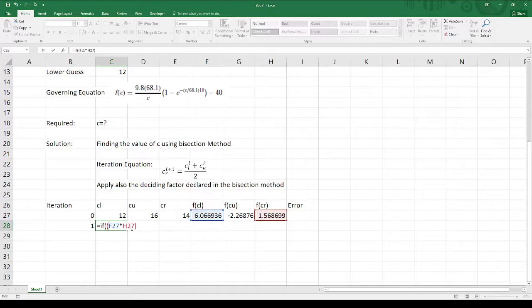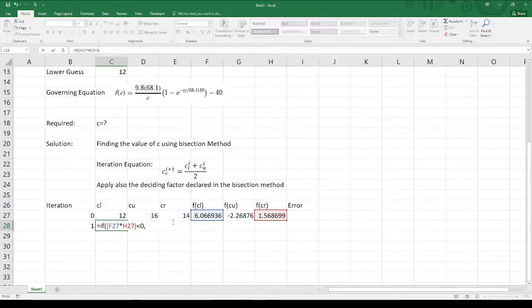If that is lesser than 0, then you should replace the upper. So if that is true, that will replace the upper. If it's not, it should be replacing the lower. I don't know, I'm sorry.